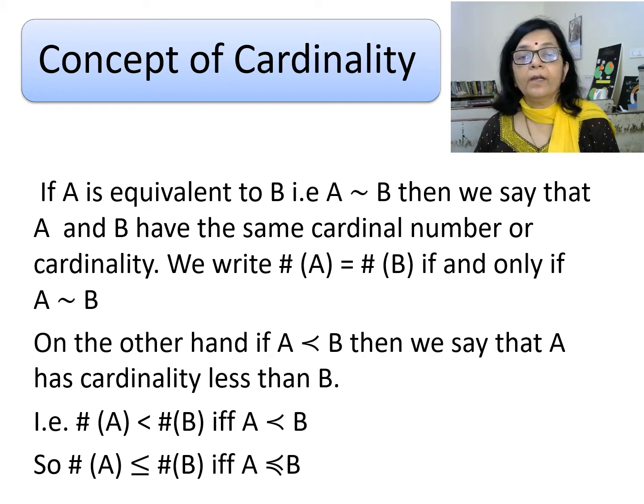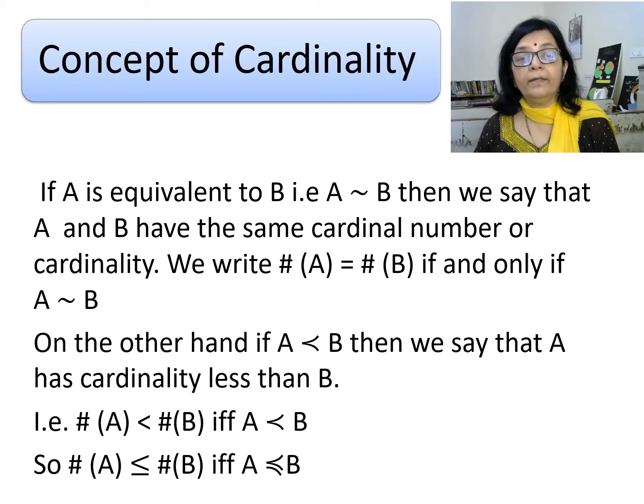We write #A = #B, that is, cardinality of A is equal to cardinality of B, then A is equivalent to B. And if A is equivalent to B, then cardinality of A is equal to cardinality of B.